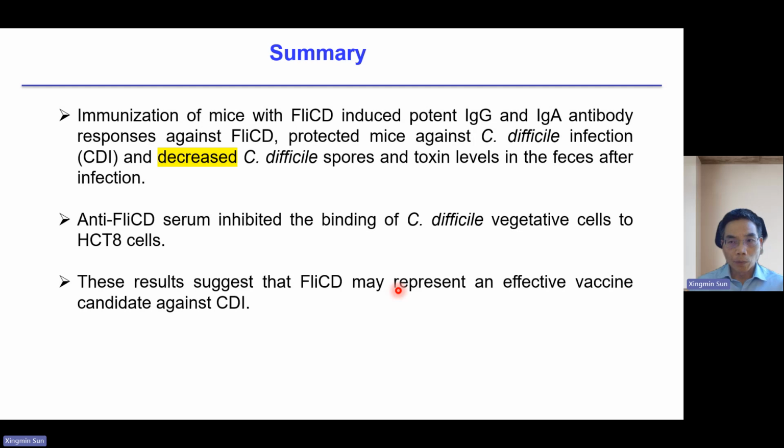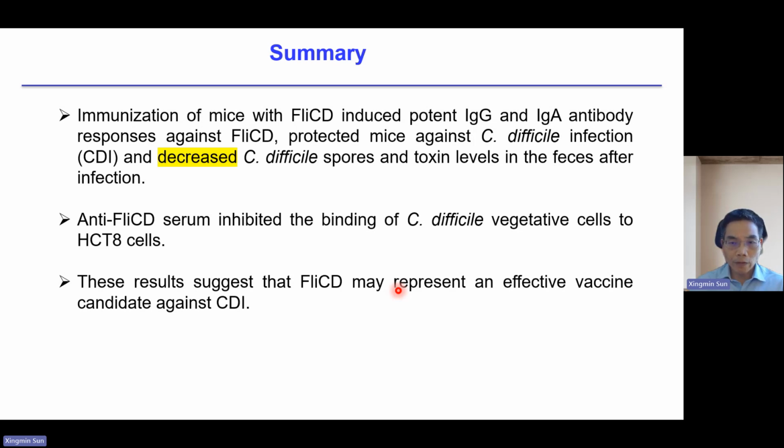So, a brief summary of our work. We found immunization of mice with a FliCD fusion protein induced potent IgG and IgA antibody responses against FliCD, protected mice against infection, and decreased toxin levels and spore levels in feces after infection.